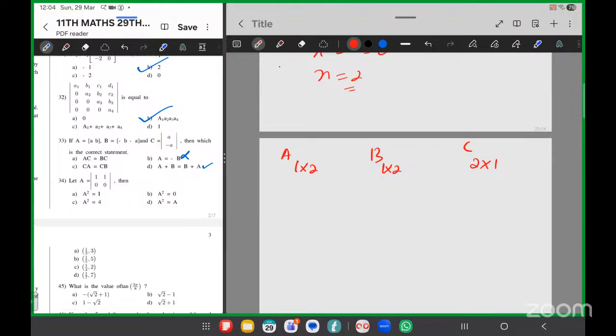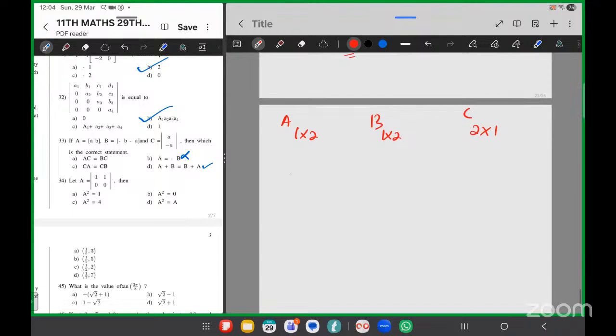But AC is equal to BC. We will try AC. AB, A minus A. What is this answer? A square minus AB. What is BC?